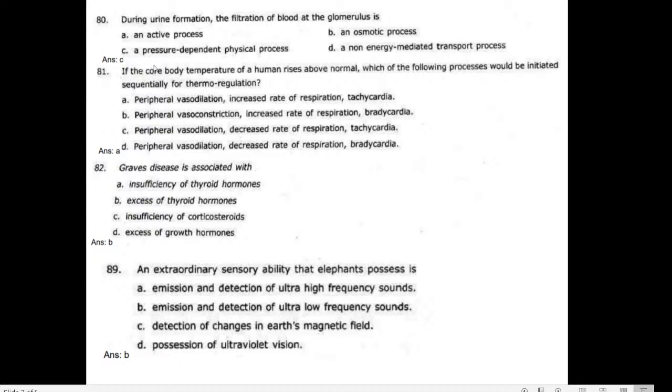The first question is: during urine formation, the filtration of blood at the glomerulus is a pressure dependent physical process.